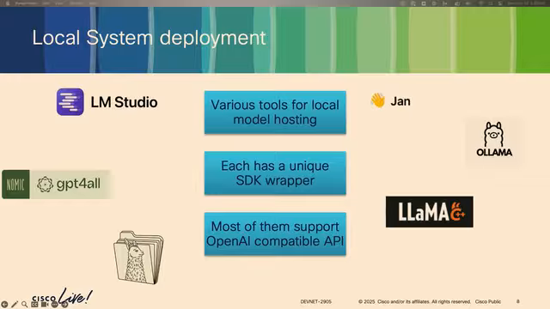Most of them are OpenAI API compatible. So let's say you have some GenAI application which you have tested out with GPT. You don't have to make a lot of changes to the code, to your inferencing scripts. You can straightforwardly use it with these tools because they are all OpenAI compatible, right?